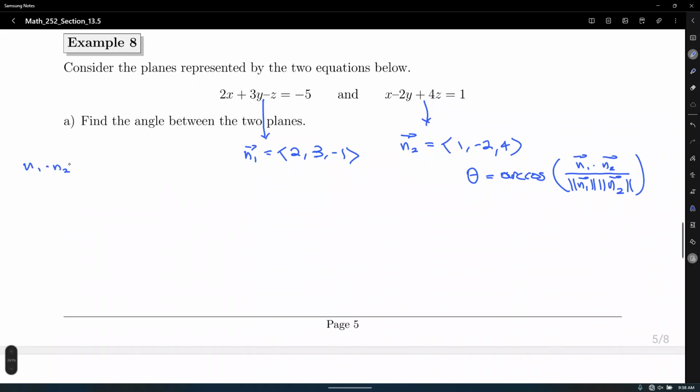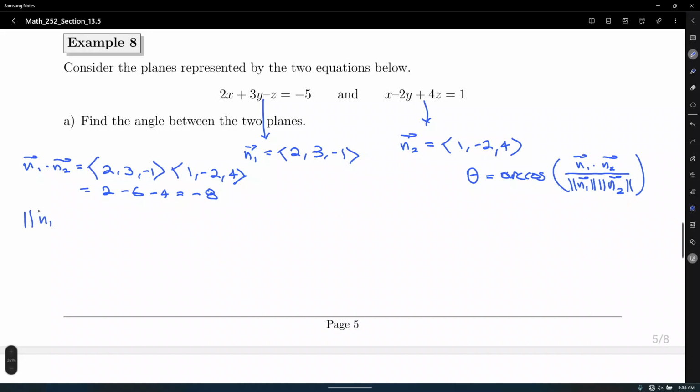n1 dotted with n2. That is 2, 3, negative 1, dotted with 1, negative 2, 4. Okay? So, 2 times 1, that is 2. 3 times negative 2, negative 6. Negative 1 times 4, minus 4. That equals negative 8. Okay? So, magnitudes.